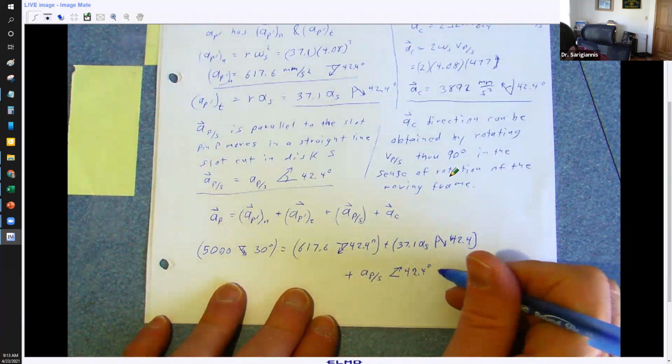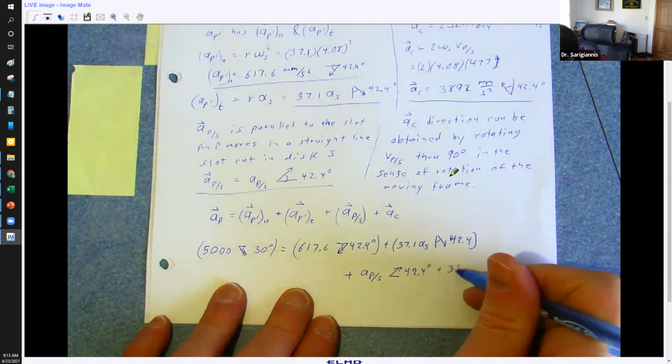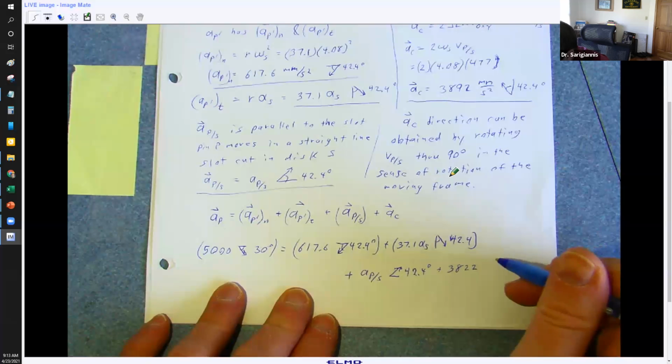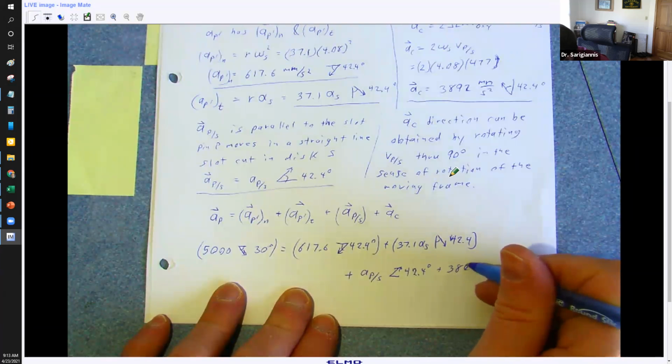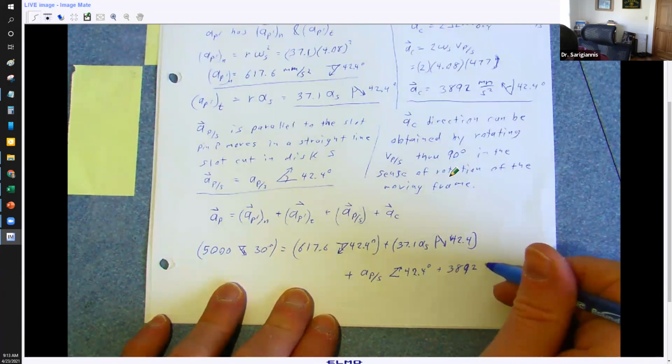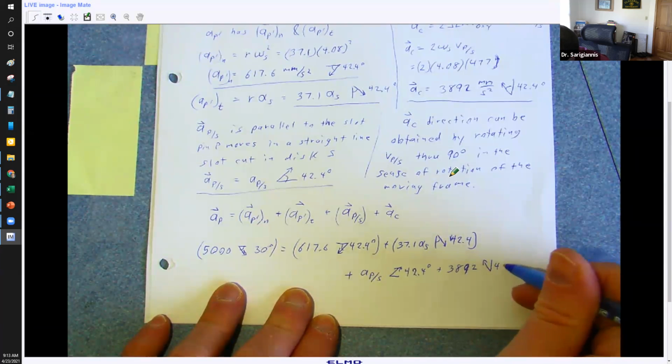And then we've got 3892, and an angle like this, 42.4 degrees.